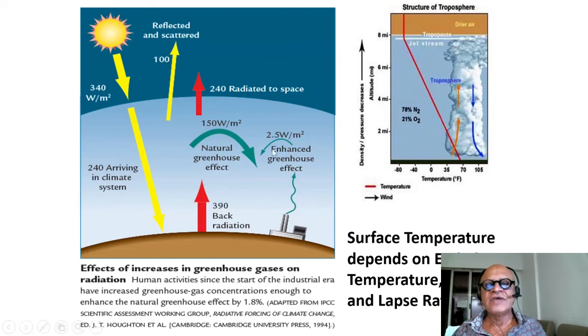Okay, so the enhanced greenhouse effect of 2.5 watts per meter squared is mentioned here because of human activities in terms of radiative forcing, which we will come back to. Briefly, the structure of the atmosphere matters.